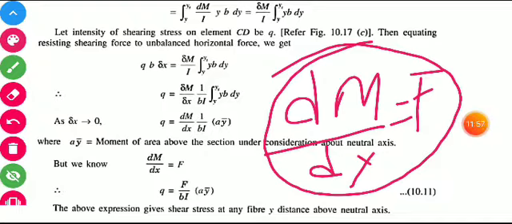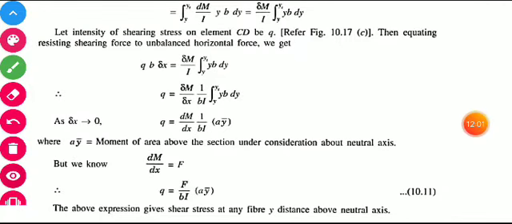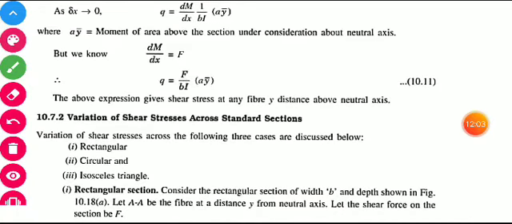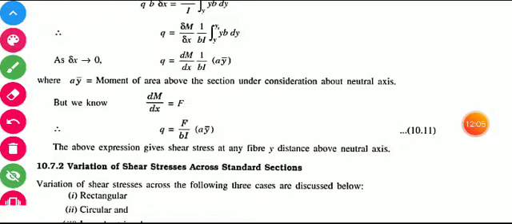So all of you know that del M by del x is our shear force. So we put this equivalent to F. Now the derivative part becomes F divided by b I into A y bar.